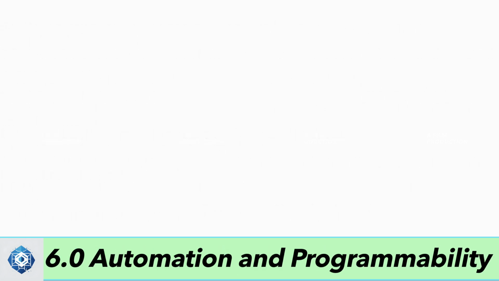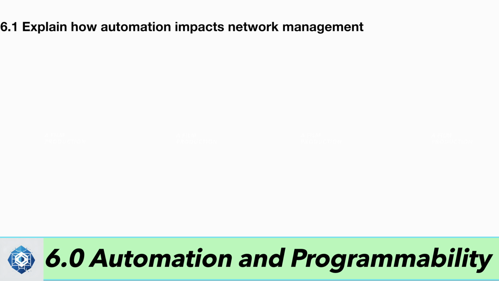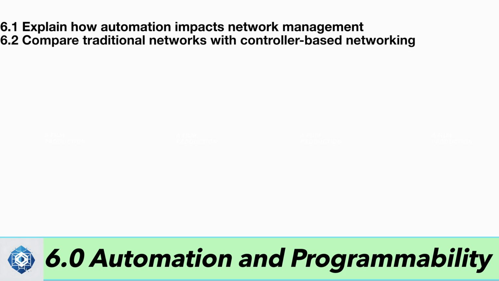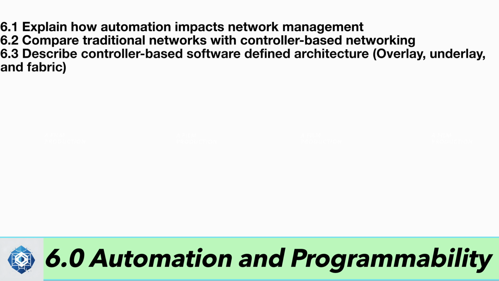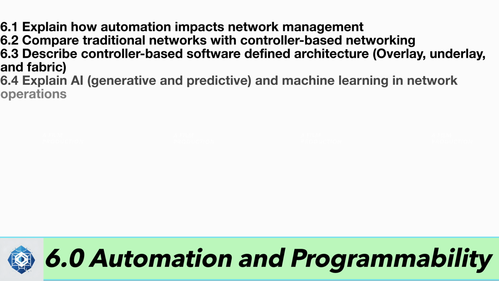And finally, moving on to section 6, automation and programmability. We will be looking at explaining how automation can impact network management, compare this to traditional networks with controller-based networking, describe controller-based networking and software-defined architecture, explaining AI, both generative and predictive, and using machine learning in network operations.